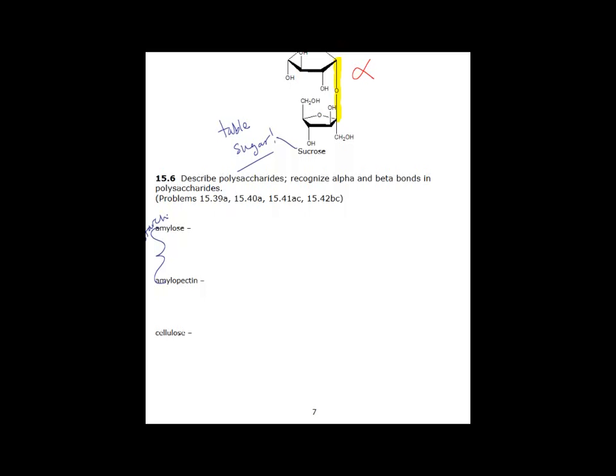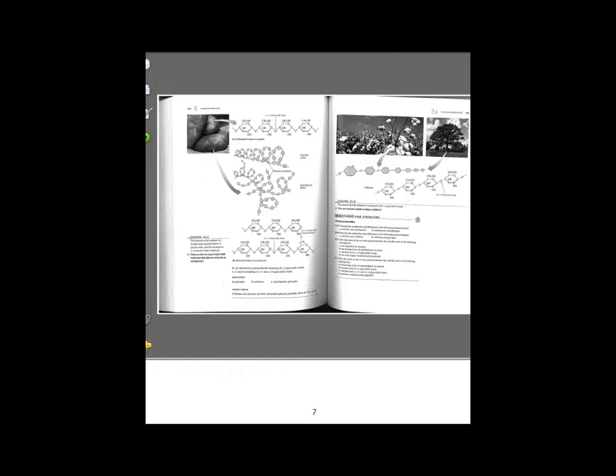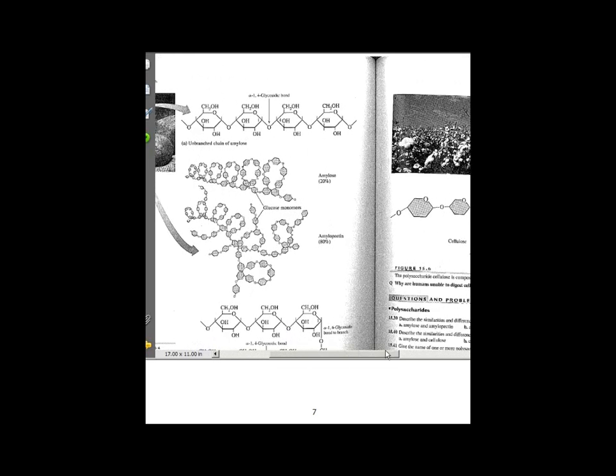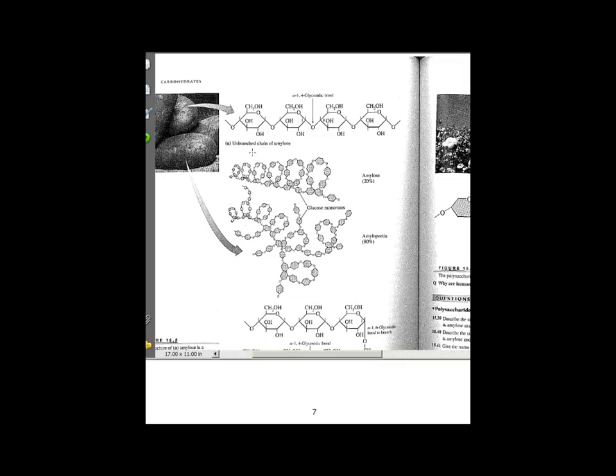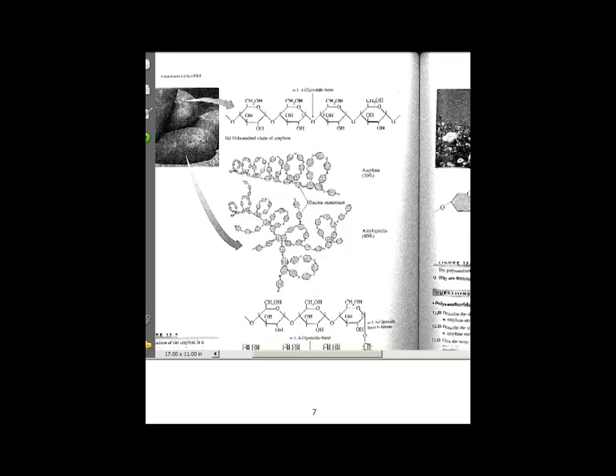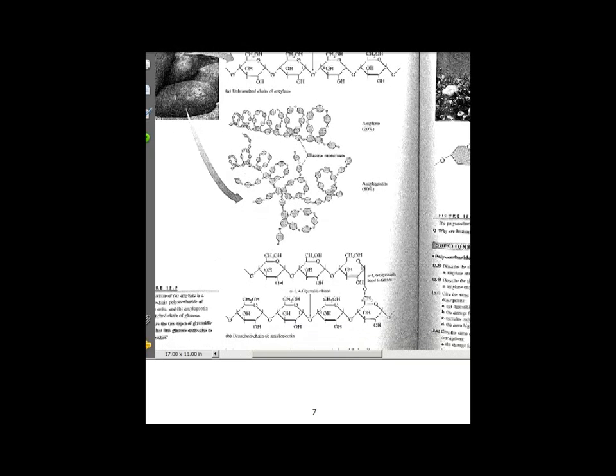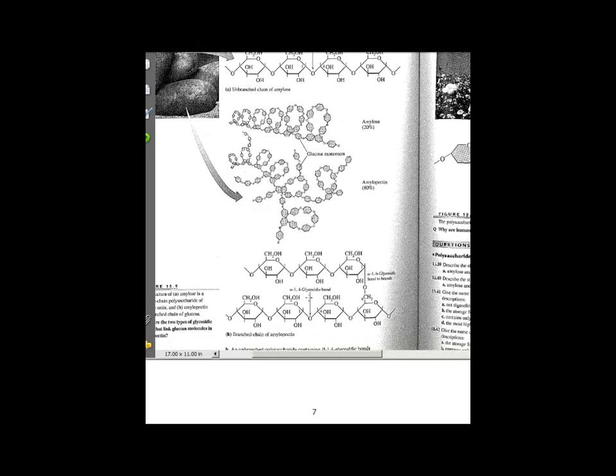Now, this picture is from your textbook. A is amylose, and you can see that it's an alpha 1,4 glycosidic linkage, so it goes down. And then amylopectin has a lot of alpha 1,4 glycosidic bonds as well, but then every once in a while there's an alpha 1,6 glycosidic bond. So it creates a branching structure.